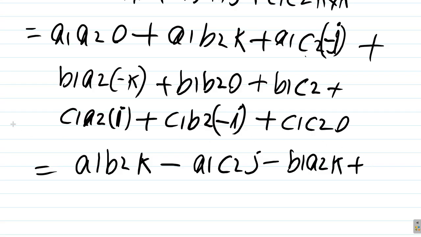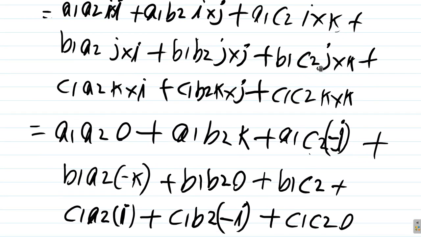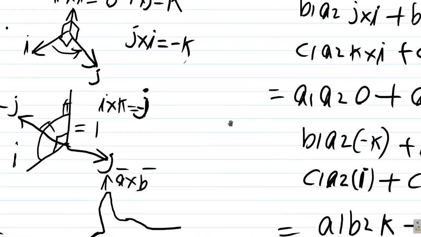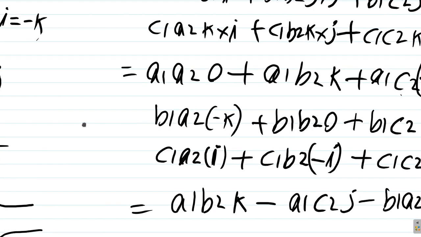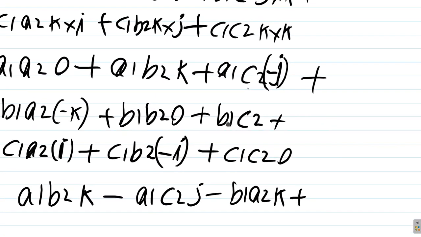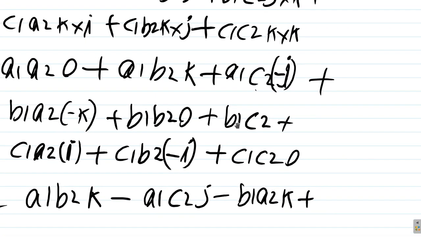Plus, oh, B1C2. What happened at B1C2? Is J cross K. We have J cross K. If we turn from J to K, our finger would be in the direction I, right? It would be in the direction of I. So B1C2 would have an I.